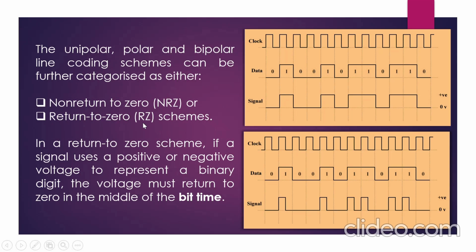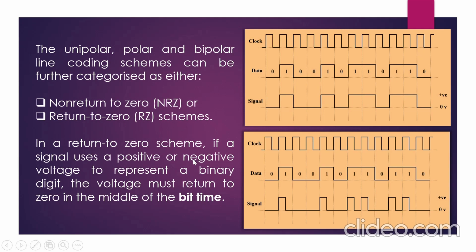Because we'll be shortly taking up all those schemes, in which we would need the concept of these terms, it is better to have an understanding of them right away. In a return to zero scheme, if a signal uses a positive or a negative voltage to represent a binary digit, the voltage must return to zero in the middle of the bit time.